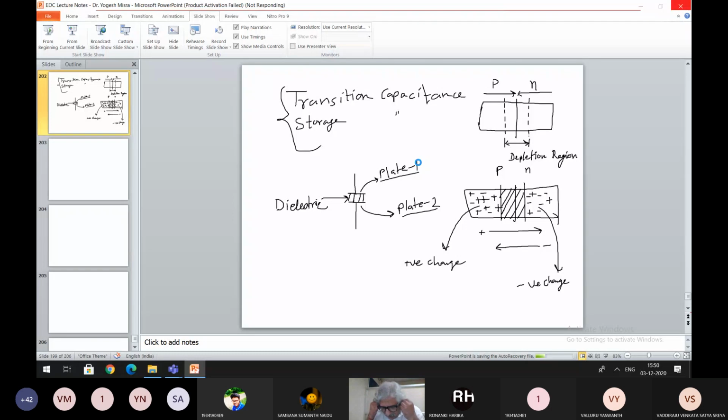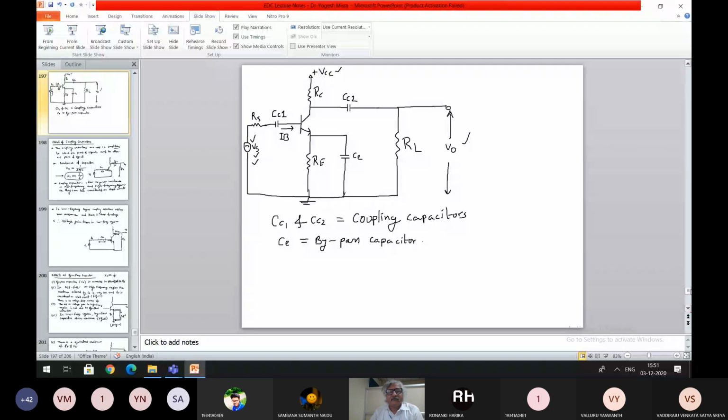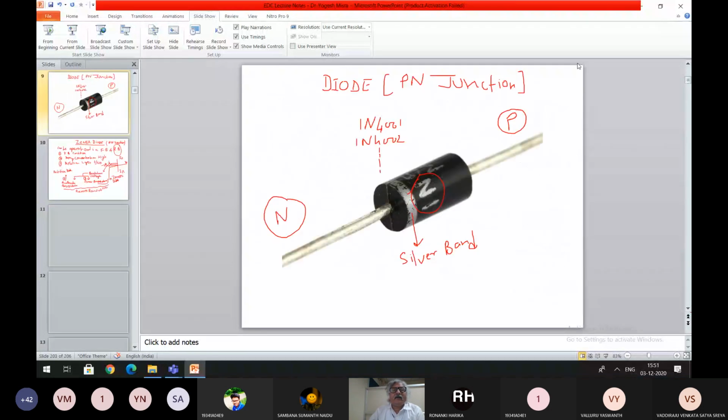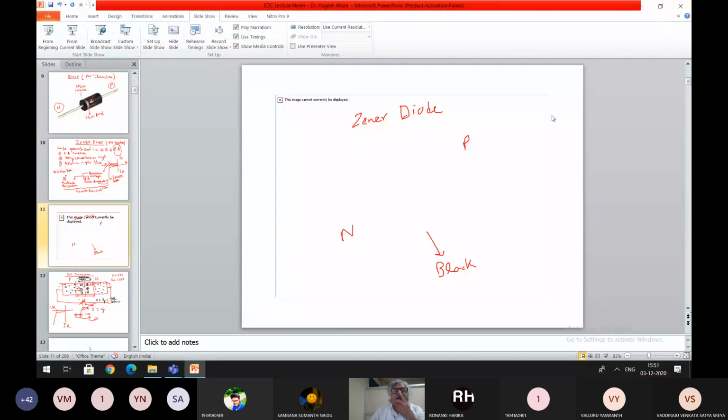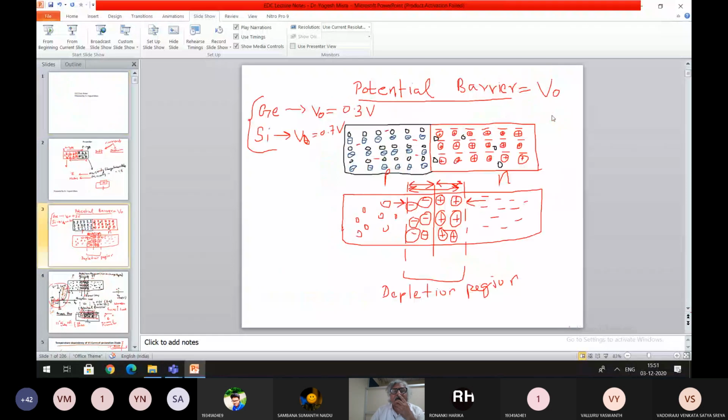It is saving the content. Okay, in the Zener diode, this potential barrier, PN junction.